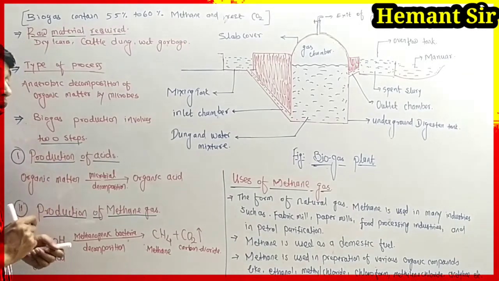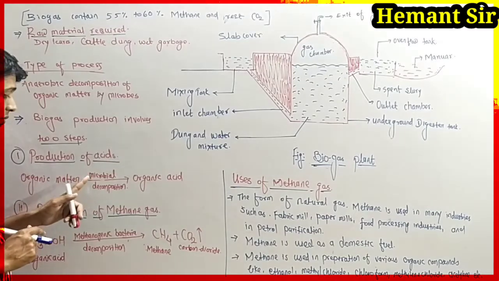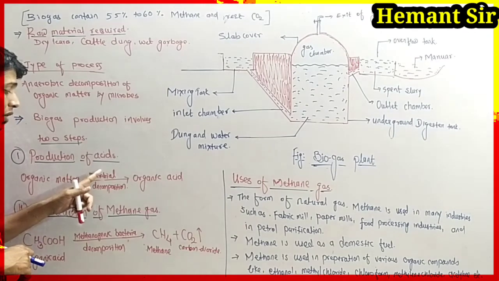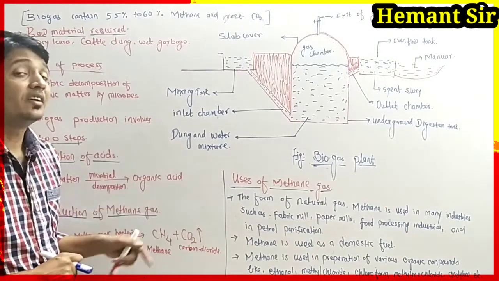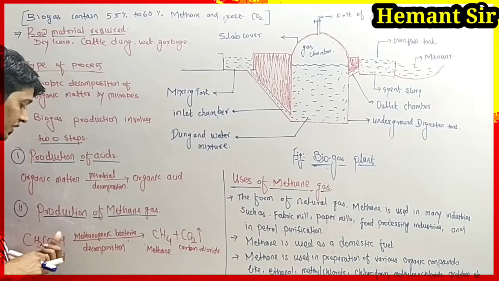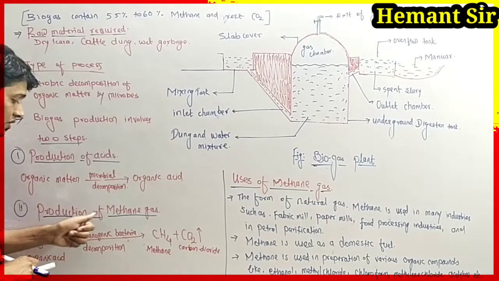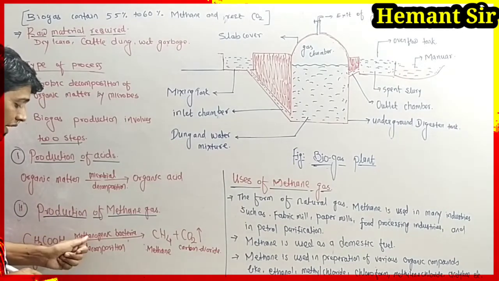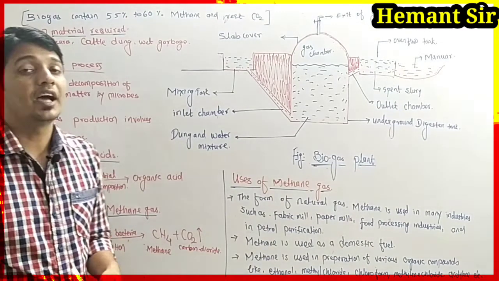First, the production of organic acid, which is the decomposition of organic matter by microbial decomposition. During this process, organic acid like ethanoic acid is formed. That organic acid then goes to the next step, the production of methane gas. The organic acid decomposes with the help of methanogenic bacteria to form methane gas and carbon dioxide.